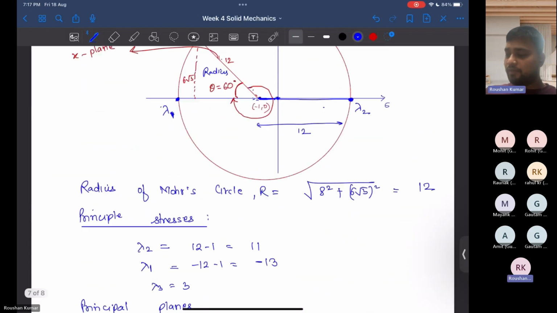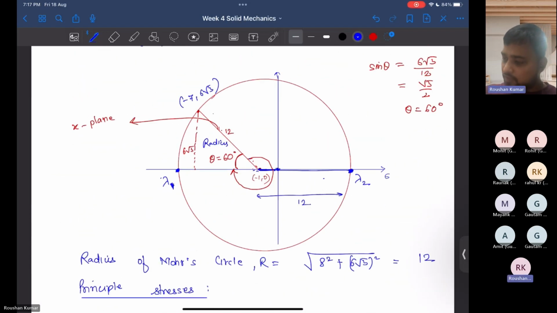Now coming to the lambda 2 plane. As you see in the figure, lambda 2 is here, and this is our x plane. If we take the angle, this complete angle is 180 degree, and this angle is 180 minus 60, that is 120 degree.